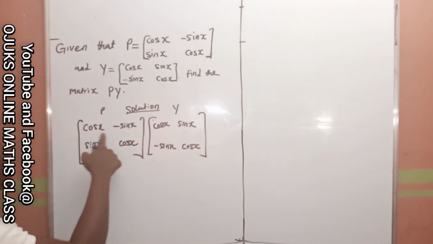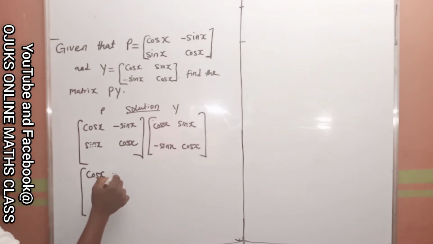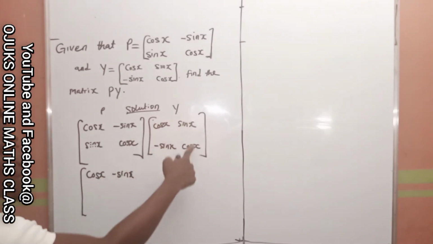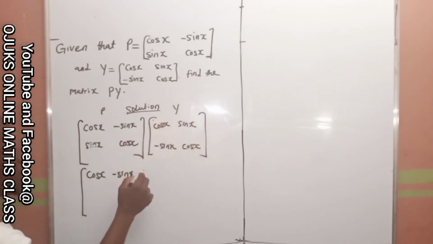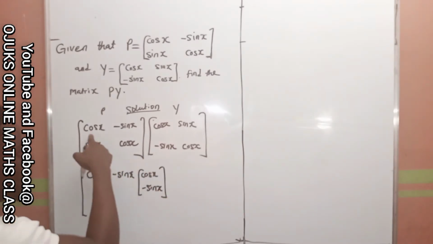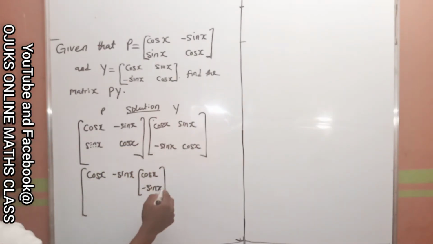This is the first row in matrix P. The first row in matrix P, which is cos x and minus sin x, will multiply the first column in matrix Y, which is cos x and minus sin x. Then the first row as well in matrix P will multiply the second column in matrix Y.